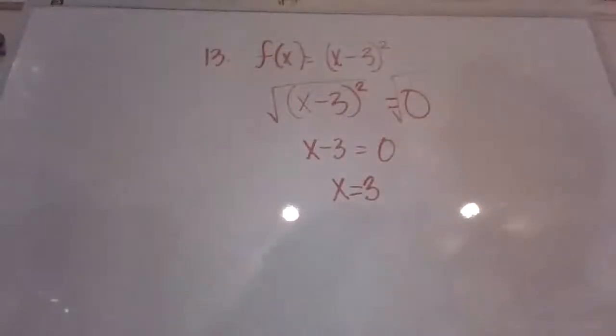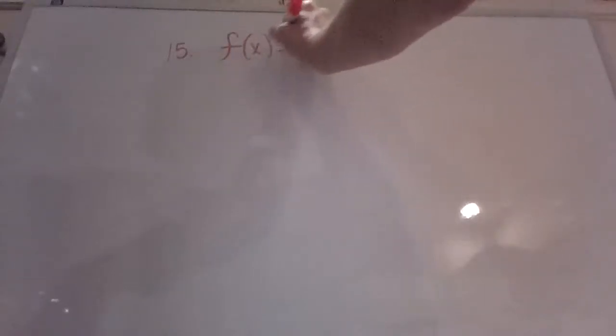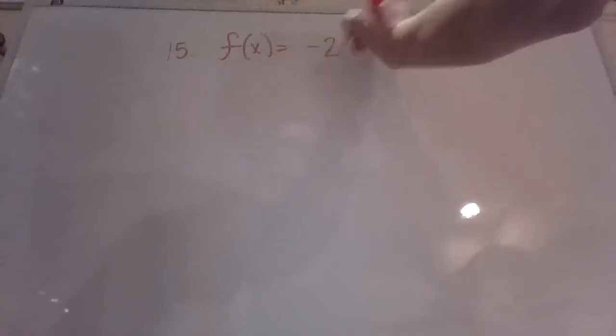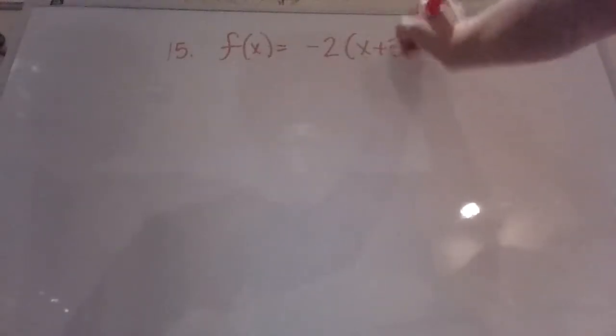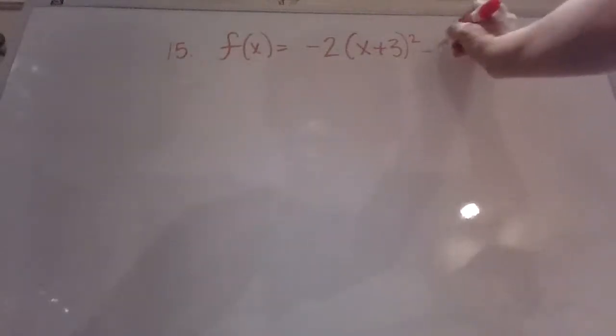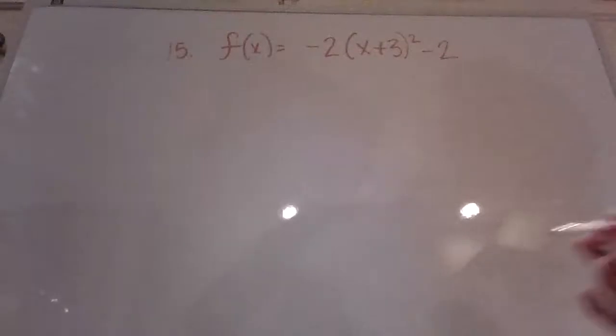Number 15 is f of x is equal to negative 2 times (x plus 3) squared minus 2. So we're going to take this entire part right here and we're going to set it equal to 0.